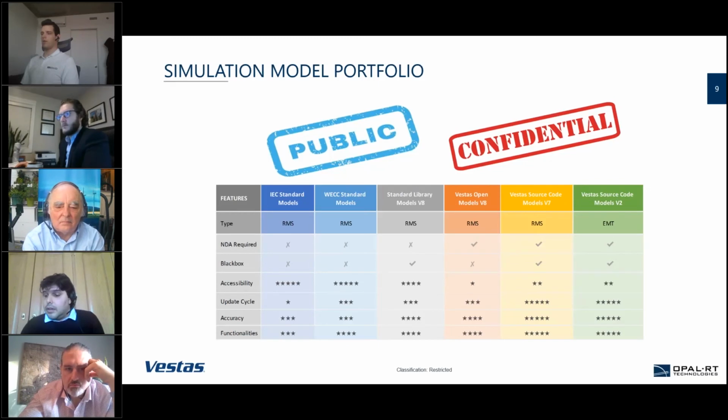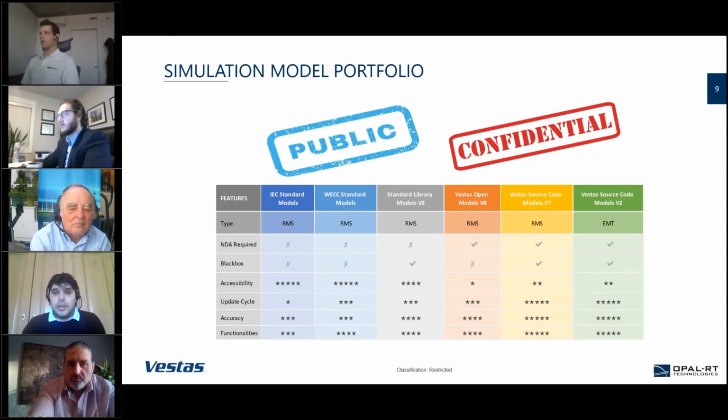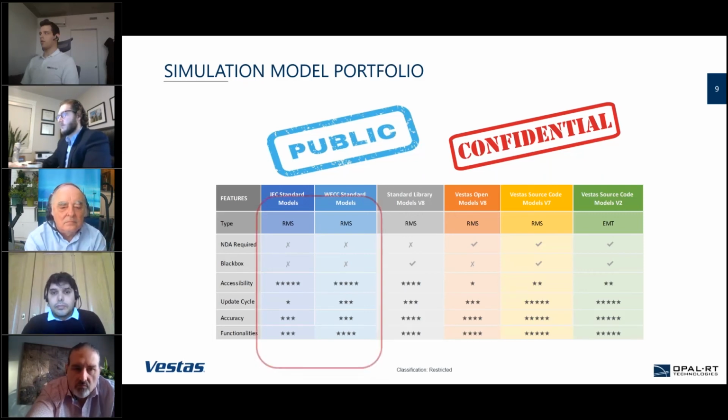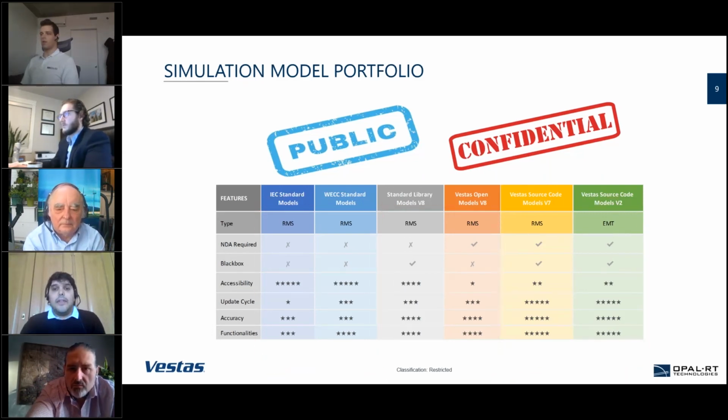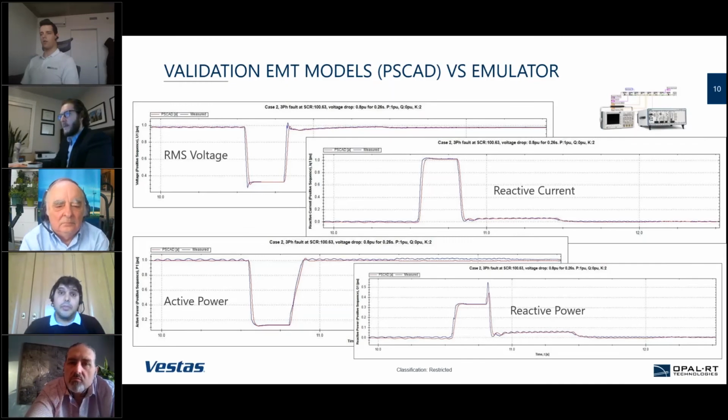So finally, I just have 1 minute left. I'll give you this as support material, but this is an overview of what we understand from the different types of available models, classified in terms of accessibility, accuracy, functionalities, and so on. I will give you this for later. And then I would like to give you some overview of what we do when we reach that level of validation.